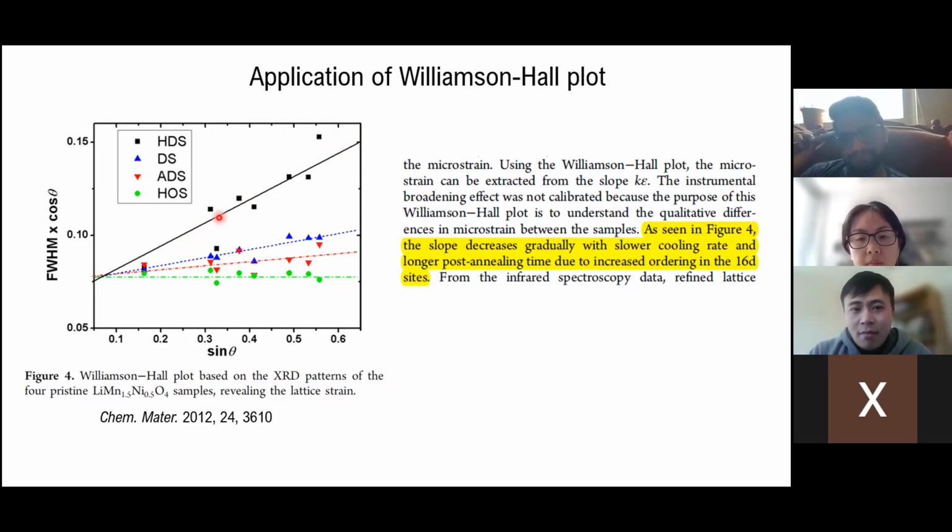They're randomly distributed. And that gives rise to a lot of strain in the crystal, because the sizes have a big mismatch, right? Nickel 2+ is big, and manganese 4+ is small. So if they are randomly distributed, there will be strain unreleased.